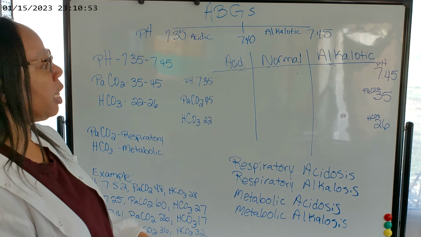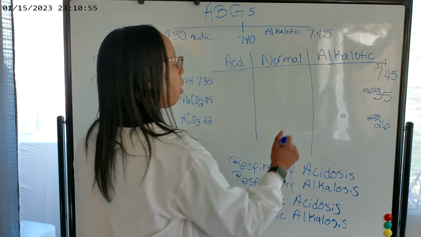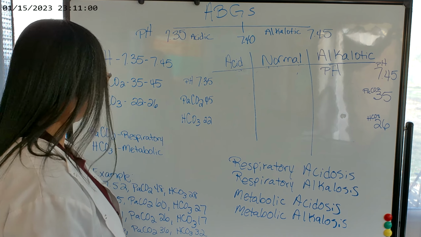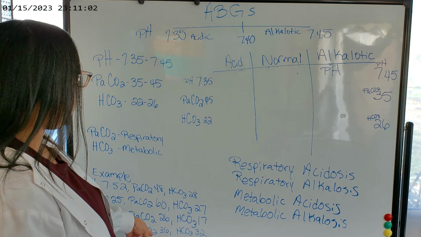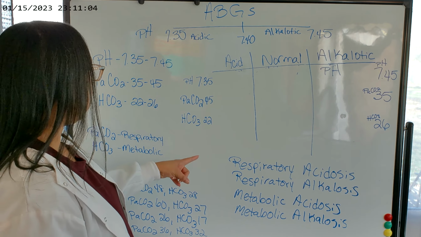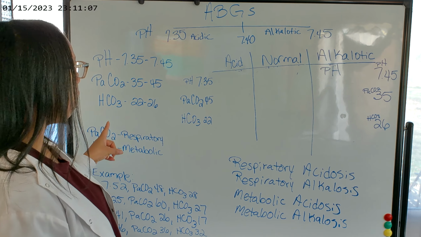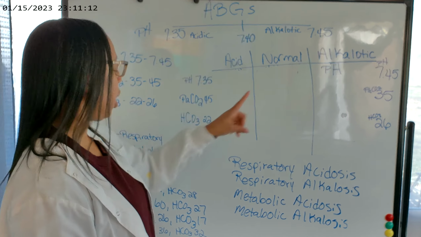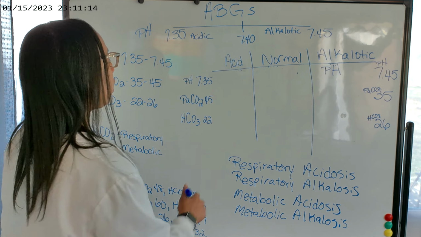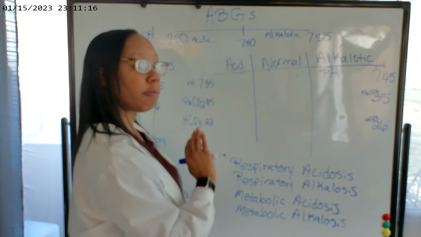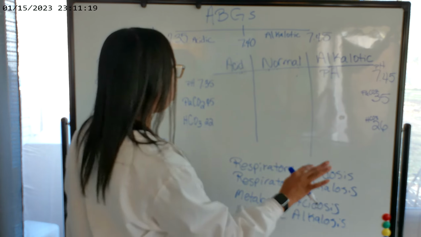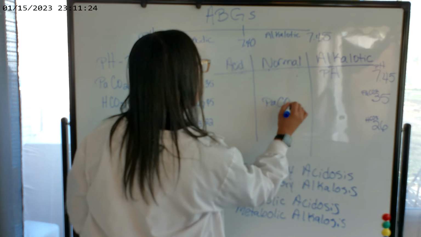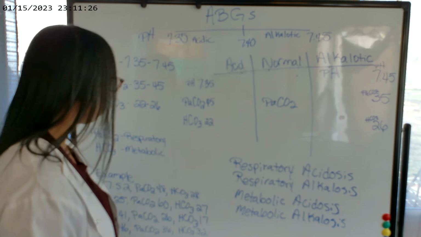So 7.46 is going to be higher than our 7.45. So our pH is alkalic right now. A PaCO2 of 36. 36, is that above 45 or below 35 or somewhere in the middle? So 36 falls between that, outside of 35 range. So our PaCO2 is actually normal, okay?